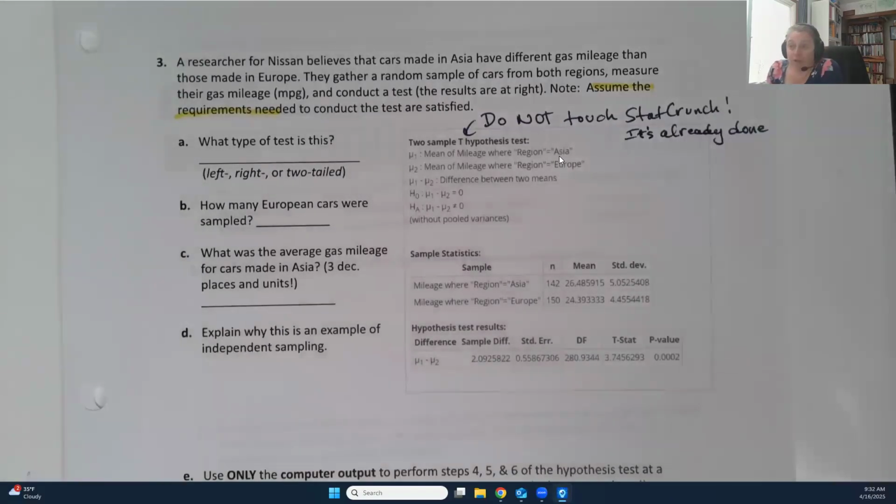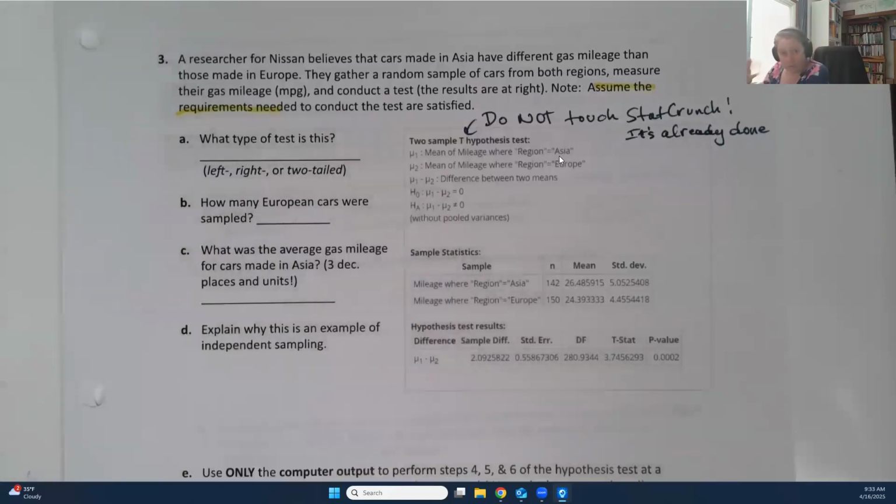Okay, so the first question for A is what kind of test is this? It's either going to be a left-tailed test, a right-tailed test, or a two-tailed test. Anybody see it? Yeah, totally, Kendrick. What determines that is your alternative hypothesis.